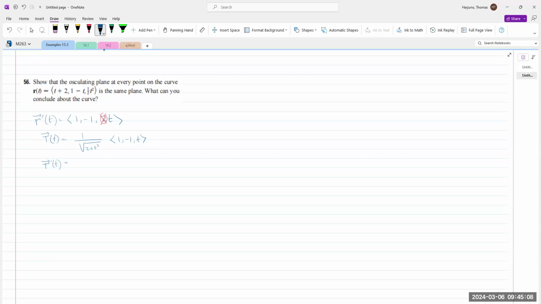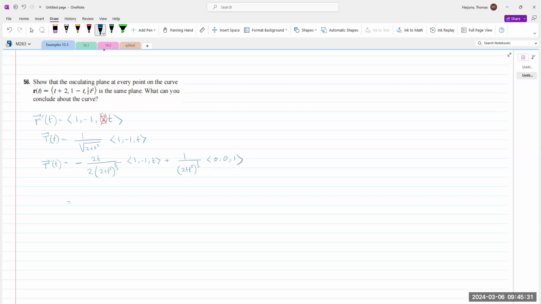And this will then be negative 2t over 2 plus t squared to the power of 3 halves times that vector, plus 1 over 2 plus t squared to the power of 1 half times 0, 0, 1.